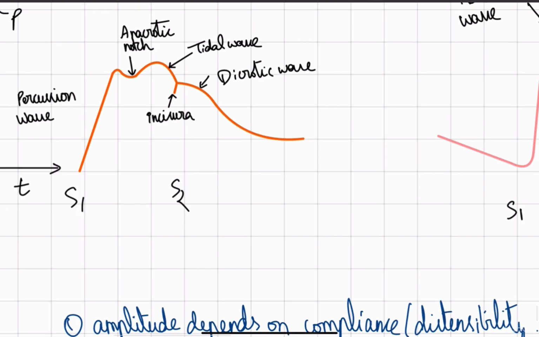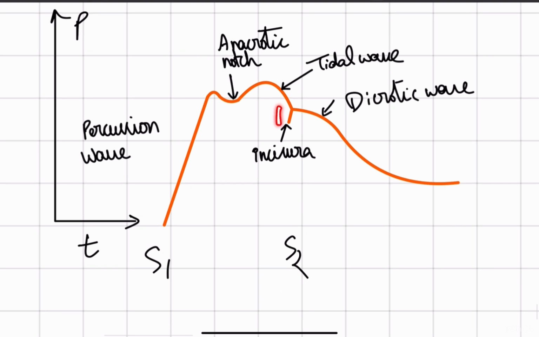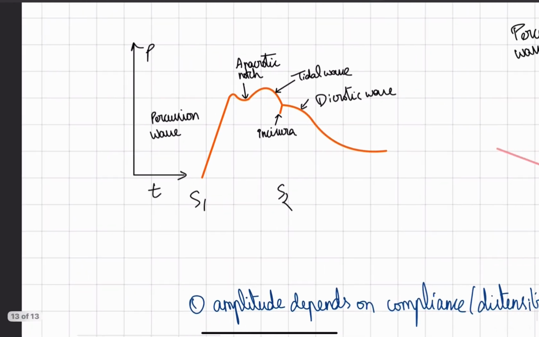There will be a very sharp decrease in pressure. That is the down wave, right? Now suddenly it will rise up, and it is followed by a dicrotic wave, right? All right.